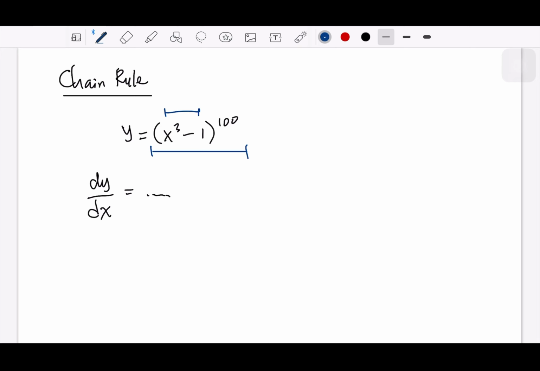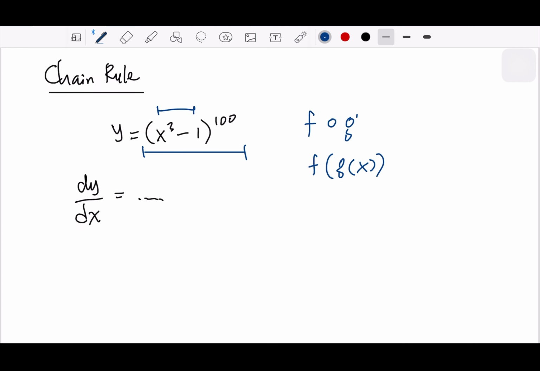Or you may suggest the composite, if you want, like f of g of x. And you can see that the f is similar to your questions in the quiz, right? So f of x is x to the power of 100, and g of x is the inside function, which is x^3 - 1.